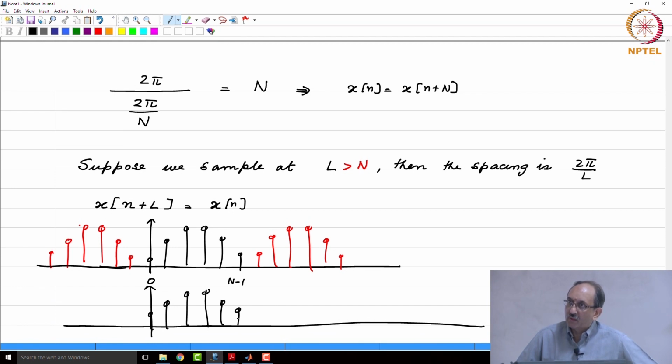So my repetition will occur with a periodicity of period cap L. Therefore, what happens at 0 happened at n in the previous case, whereas what is going to happen now is it is going to happen at index L. Therefore, the repetition will be like this.